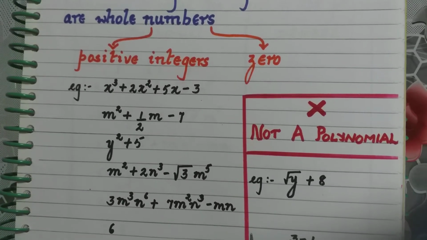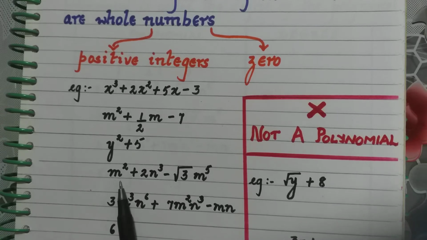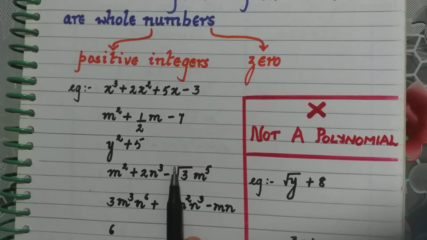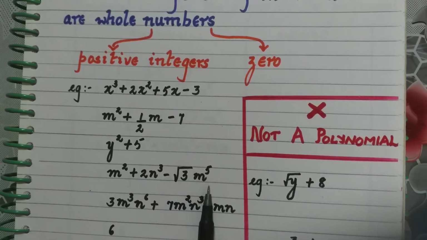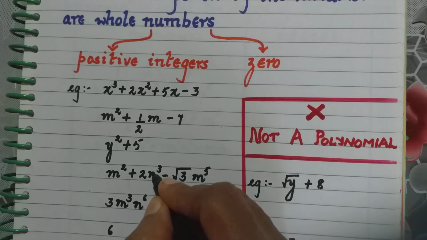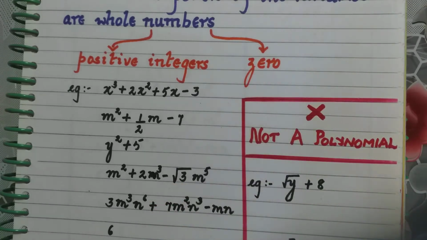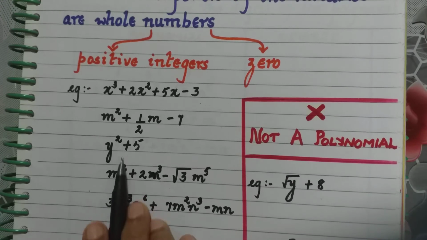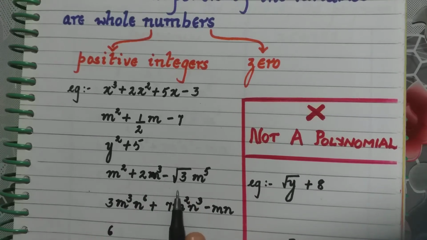See the next one. Here you have m square plus 2m cube minus root 3 m raised to 5.